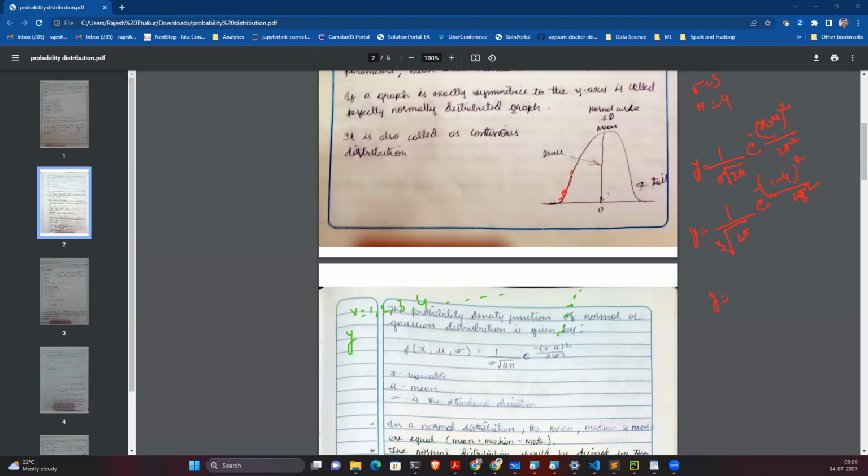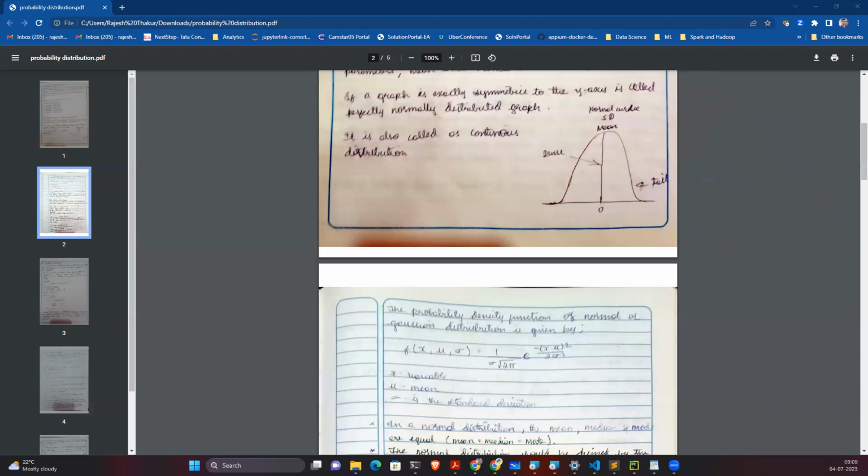Third point, fourth point, fifth point, like this we draw, and we observe that whenever data is normally distributed, the data follows the bell-shaped curve. This formula is called the Gaussian distribution formula. I hope I cleared your doubt. Please go ahead.